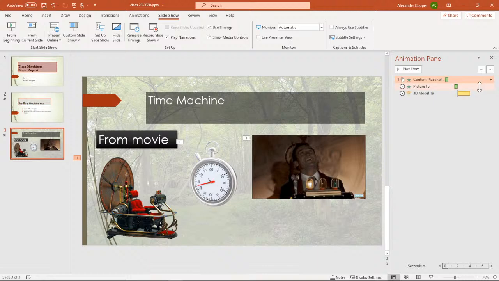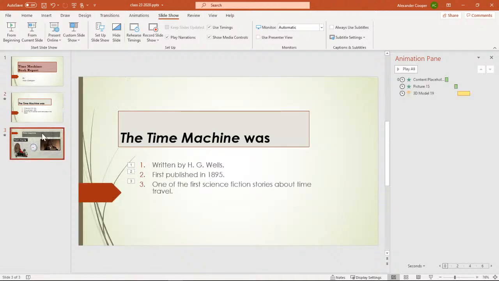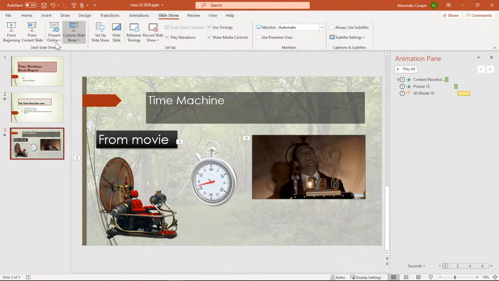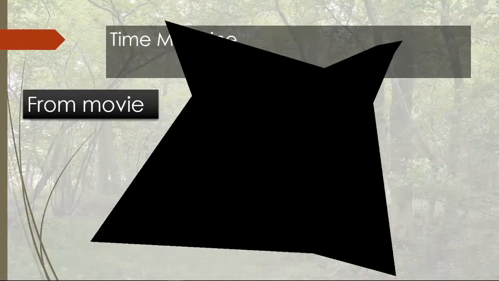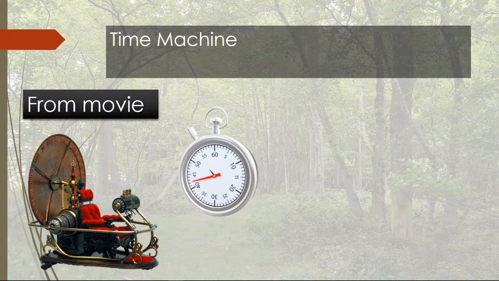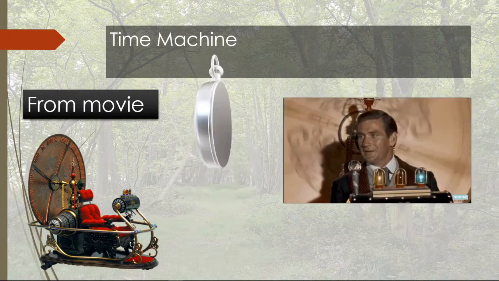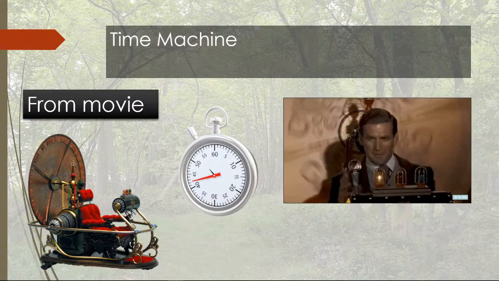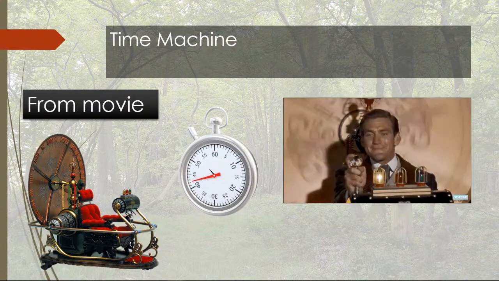And I also want that to start after previous as well. So now I've gotten rid of everything that required a click. So when I get to that slide, it's going to go ahead and just do everything. Here we go. Droop, droop. How about that? It kind of keeps it interesting.